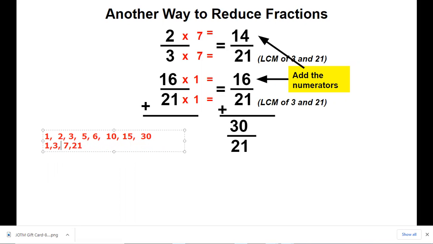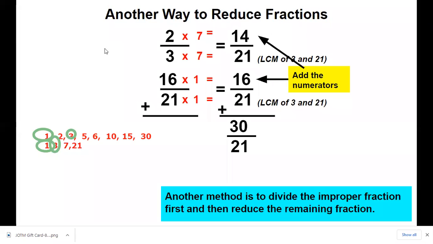So we have to find the common factors and find the greatest common factor. So we have 1s are the same, circle. 1s are the same, 3s are the same, and that's it. So 3 is it. We're going to divide the top and the bottom by 3.